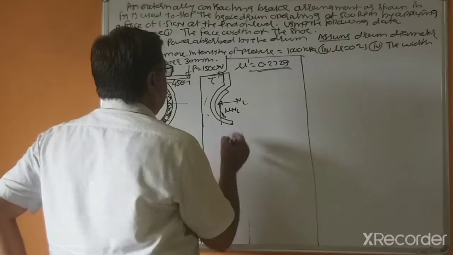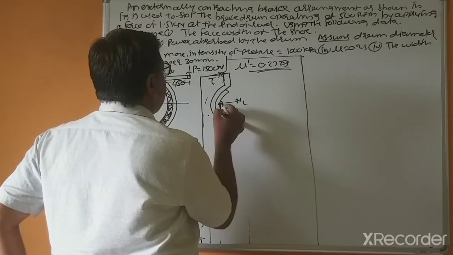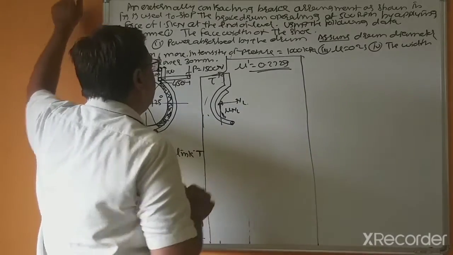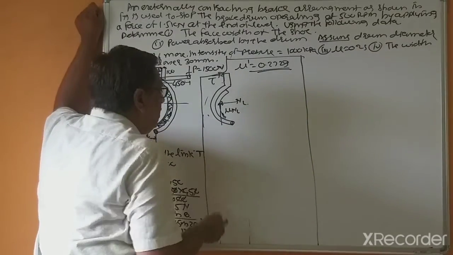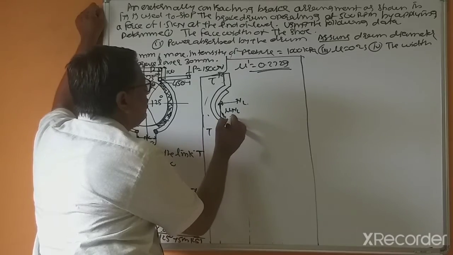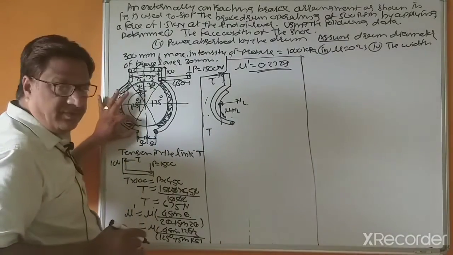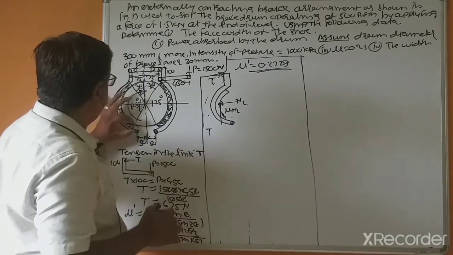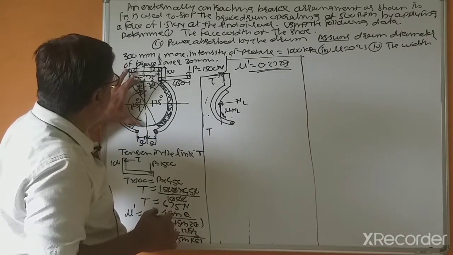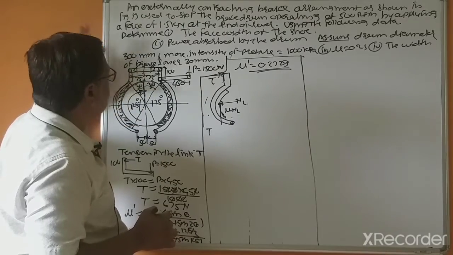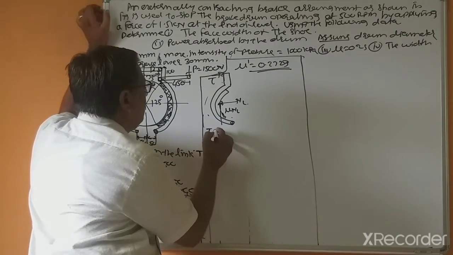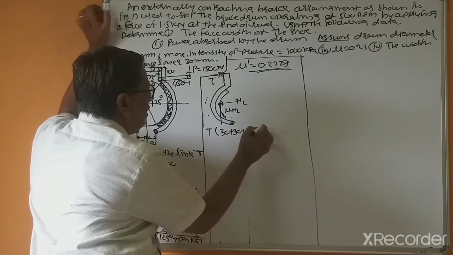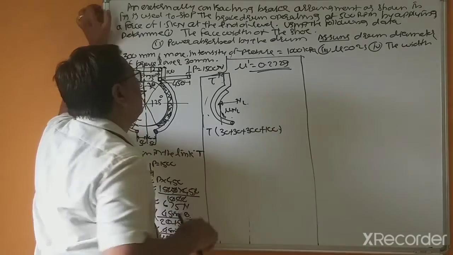Now because this thickness is given 30 mm, so that's why T into this 30 mm, this 30 mm, and this 30 mm plus this 100 mm. 30 plus diameter 300 plus 100. So that's why T into 30 plus 30 plus 300 plus 100.